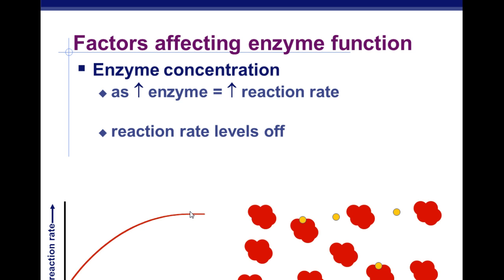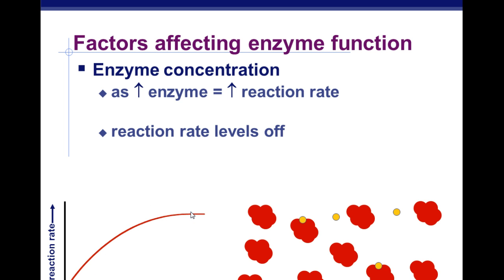Does that make sense? So think about this now. If this was our sucrose example, remember sucrose gets broken down into fructose and glucose. So when sucrose binds with sucrase, that's when that happens. So if we have a bunch of sucrose in there and we add enzyme, and we get this original reaction rate right here, at some point in time, all of the substrate is going to be bound with the enzyme.